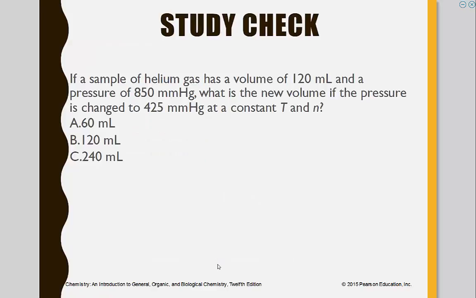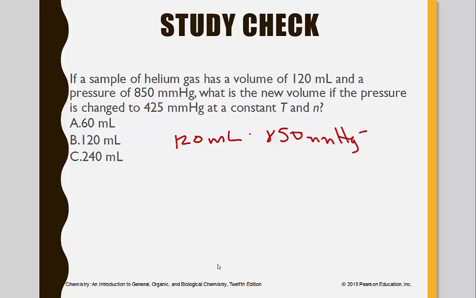If a sample of helium gas has a volume of 120 milliliters, notice we're dealing with milliliters now instead of liters. That's perfectly fine. The most important part to remember is that the units need to balance out. And a pressure of 850 millimeters of mercury. That "of" means those two go on the same side of the equation.